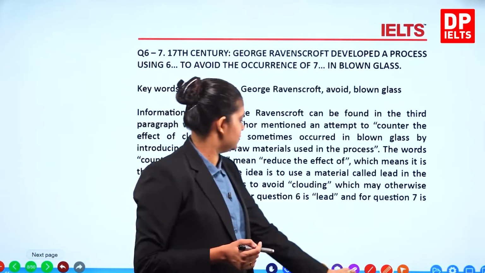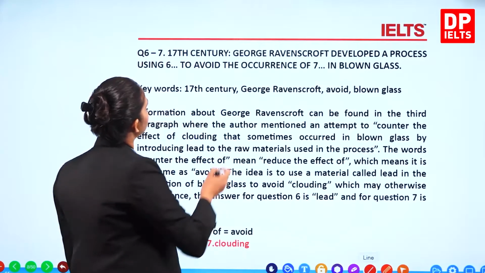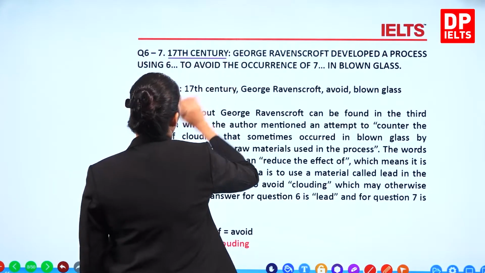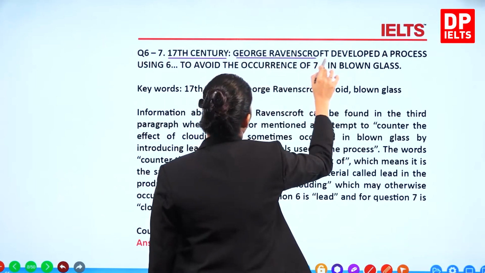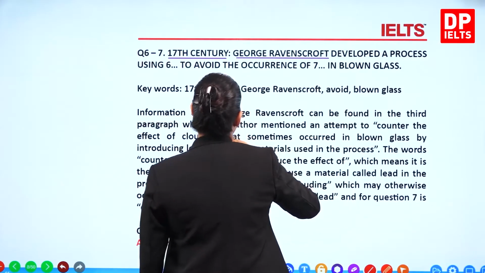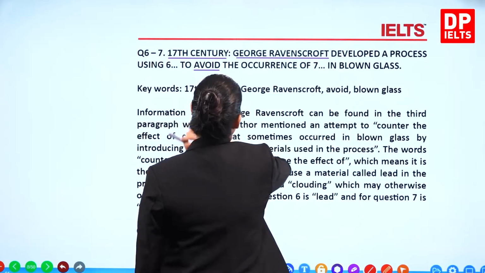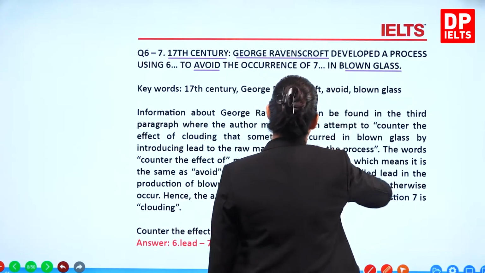Question number 6 and 7. 17th century, George Ravenscroft developed a process using something to avoid the occurrence of blown glass. Okay.